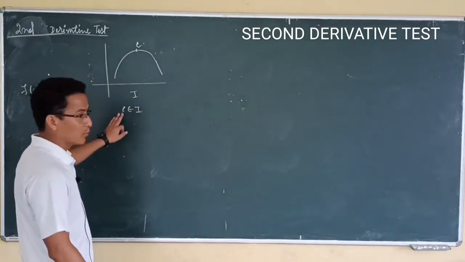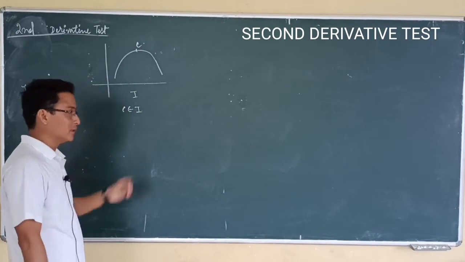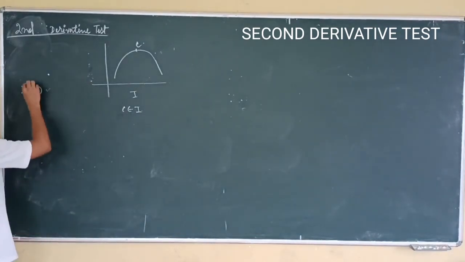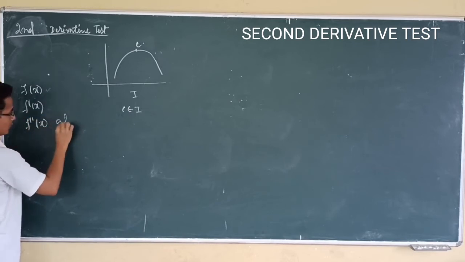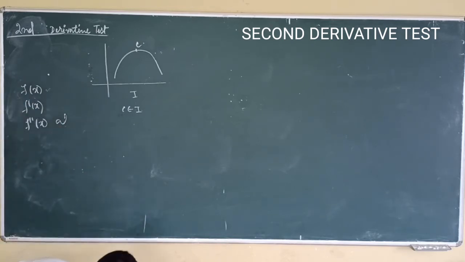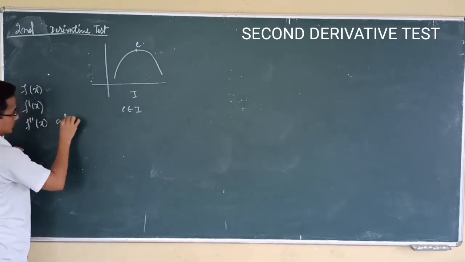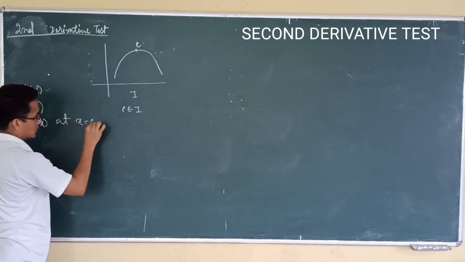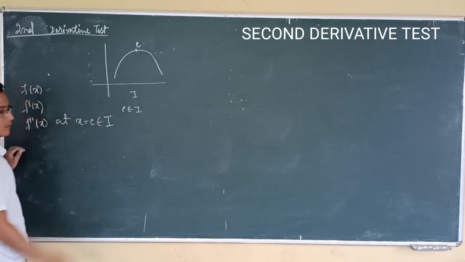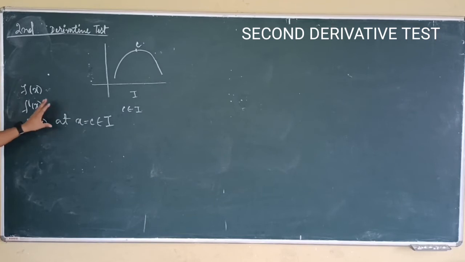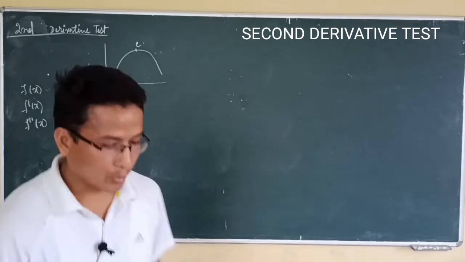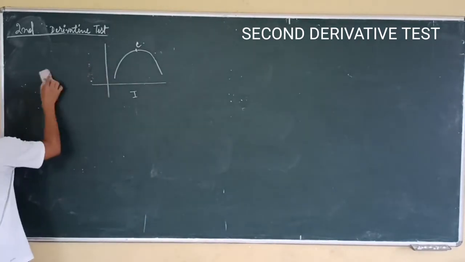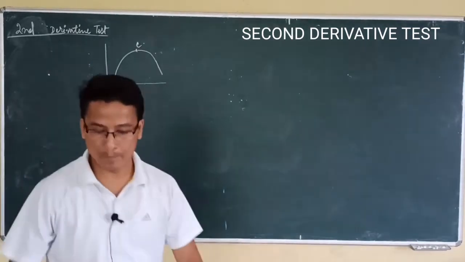That means first we do f dash x, and f double dash x at the given point x equal to C, which belongs to I. So in the second derivative test, what can we do? Let's see.